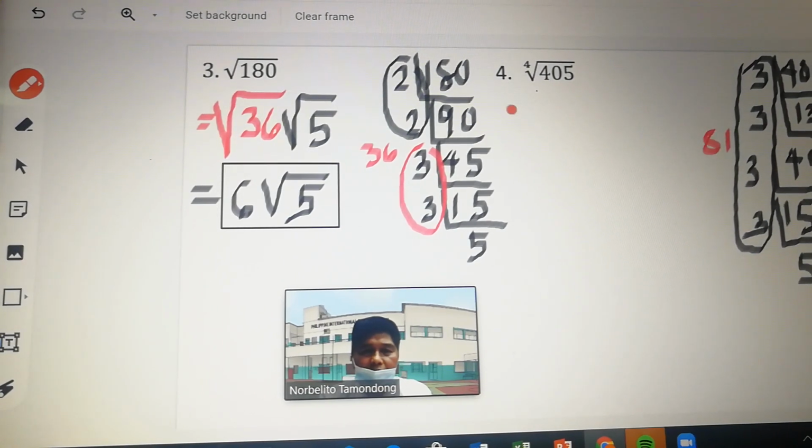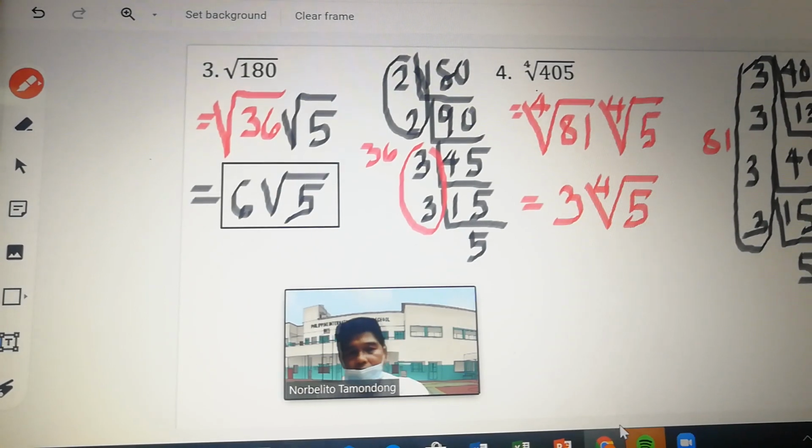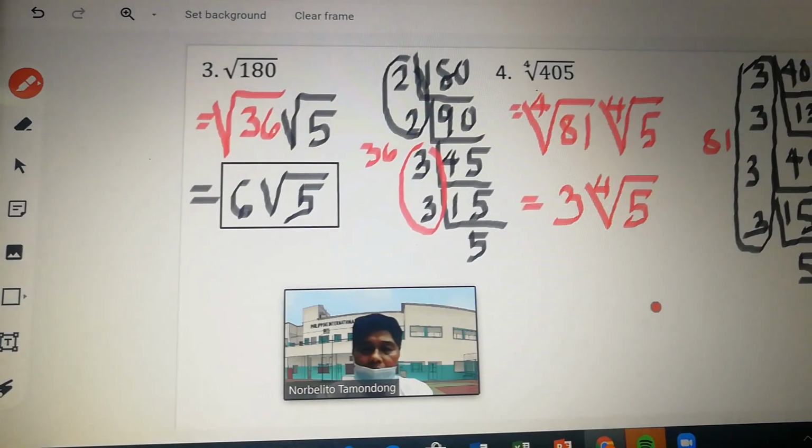So therefore, this is equal to fourth root of 81 times fourth root of 5. So your simplified form now is equal to 3 fourth root of 5. So the perfect fourth root of 405 is 81.